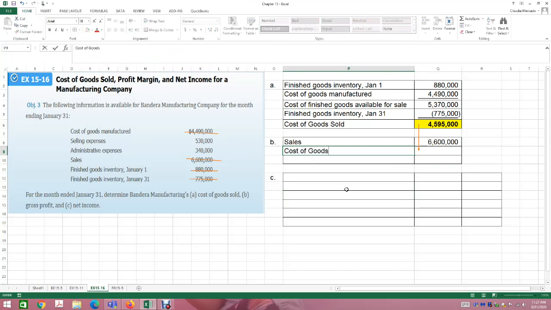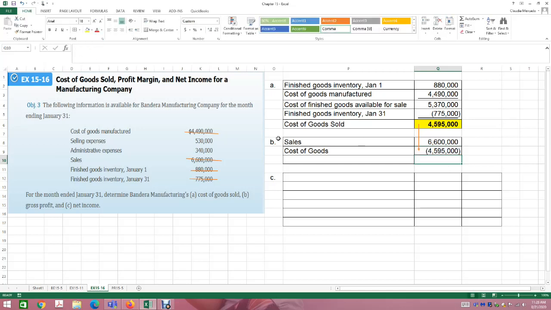This is how much we spent manufacturing the product. We sold it to our customers for $6.6 million, and we spent $4,595,000 making it. So I'm going to subtract my cost of goods sold figure.